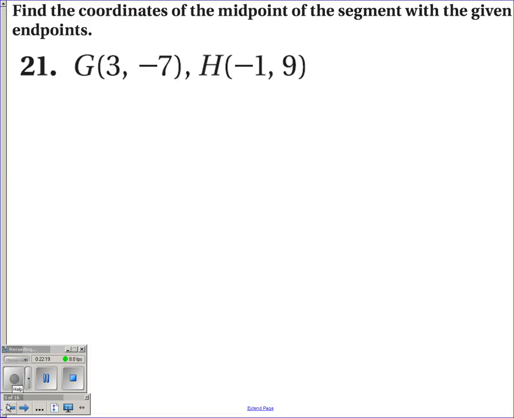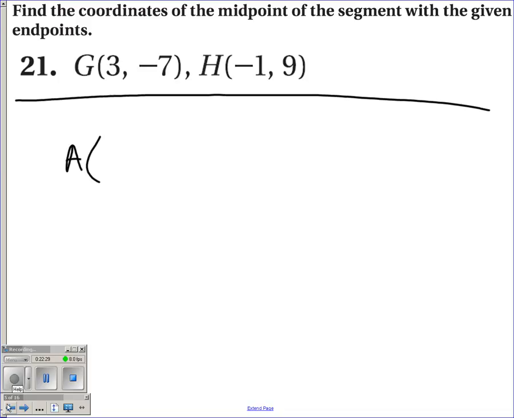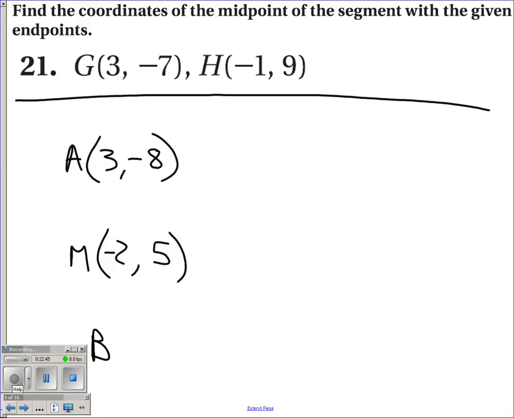So let's forget this and just take a couple of points. All right, I'm going to say some point A is, say, 3, -8. And a midpoint is known. And let's say that it's -2, 5. What is another endpoint B?